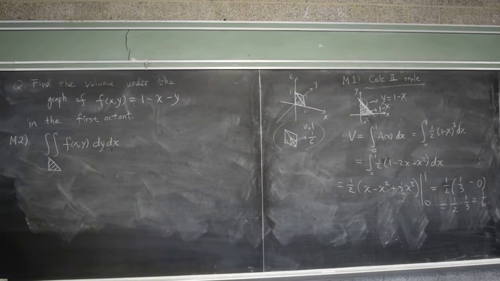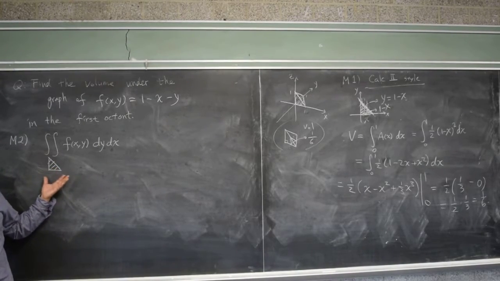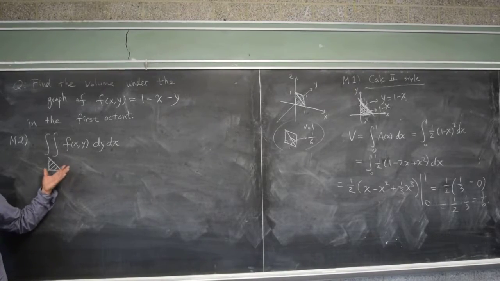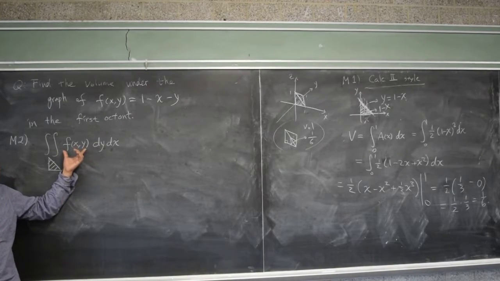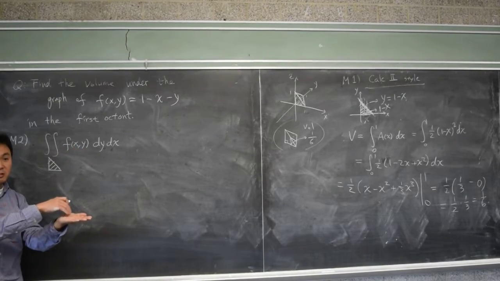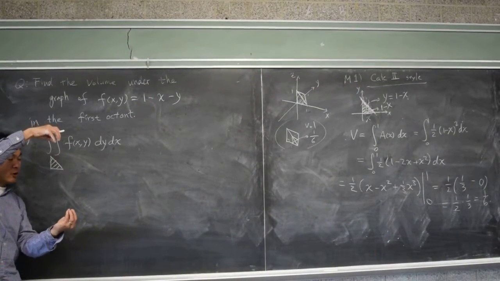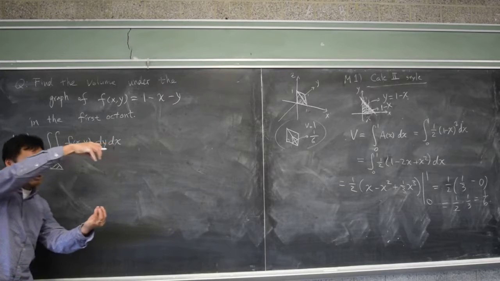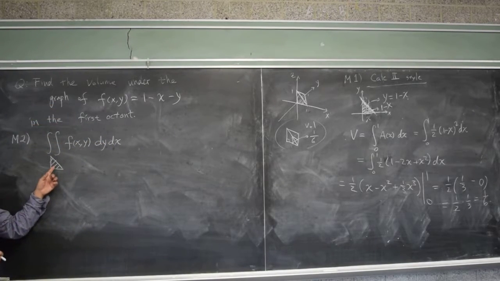So first, before I do any computation, you have to look at this and have some understanding of what this symbol means. Does that make sense? Okay. The function value over some dx dy, right? So you get this piece of a volume, and you're adding all the volumes of these columns over this domain.